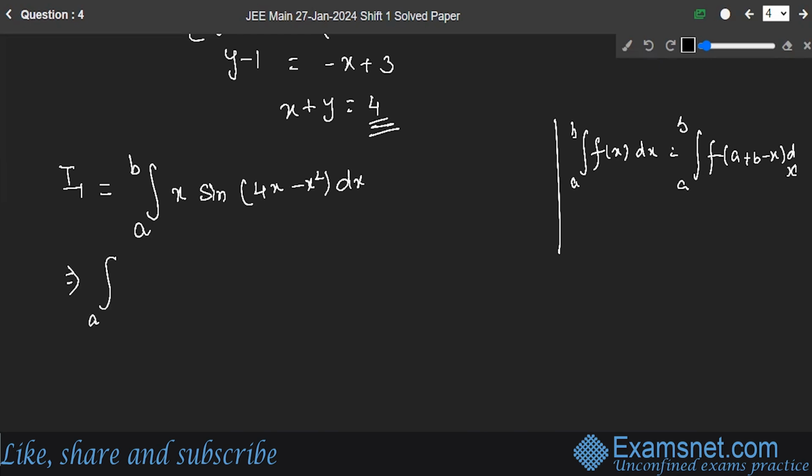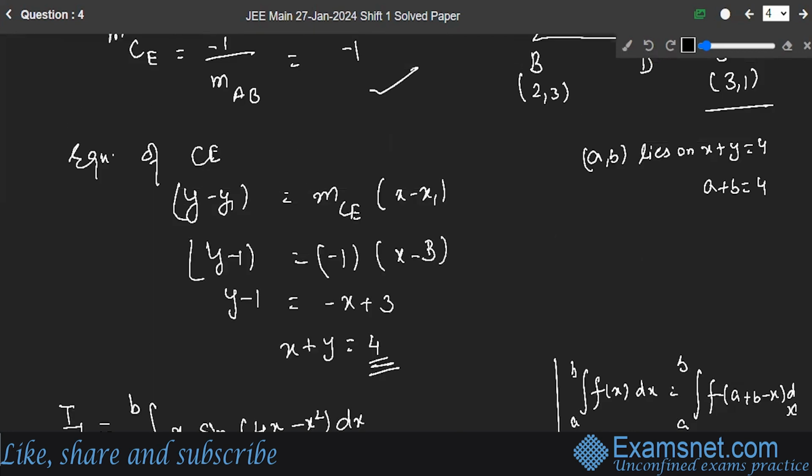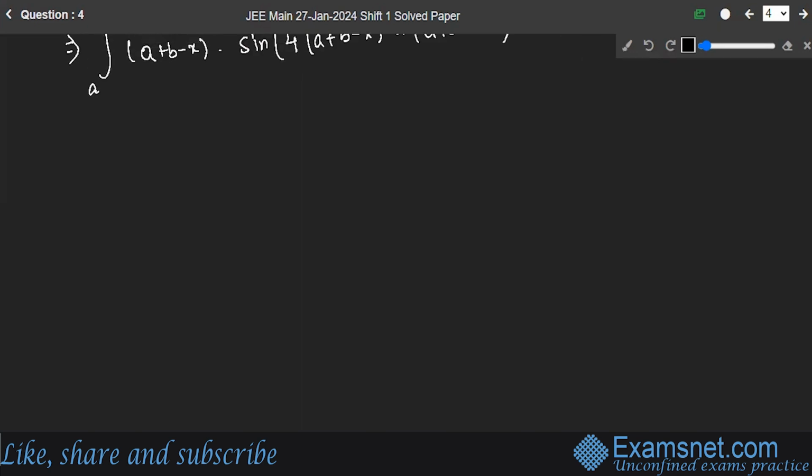You have limits A to B, (A plus B minus x) sine(4(A plus B minus x) minus (A plus B minus x) square) dx, right? And we just saw over here that A plus B is equal to 4. Let's use this.